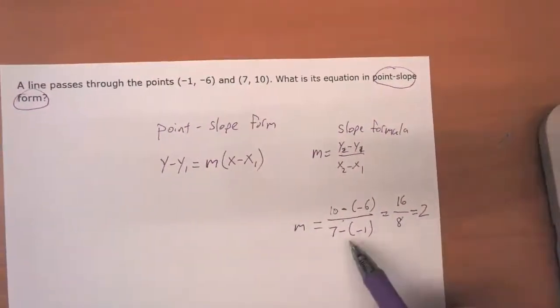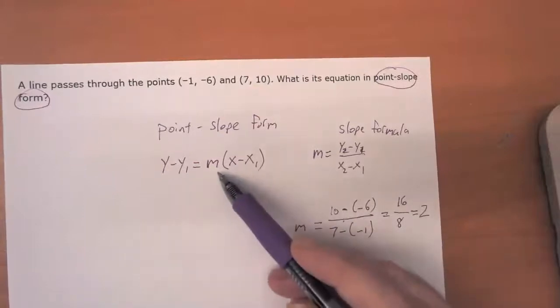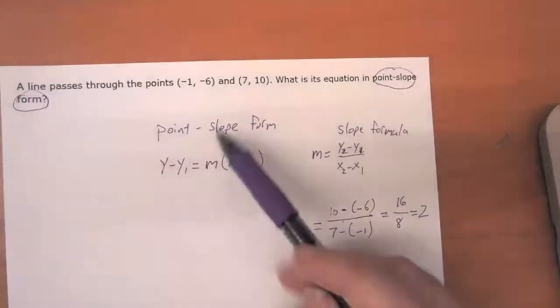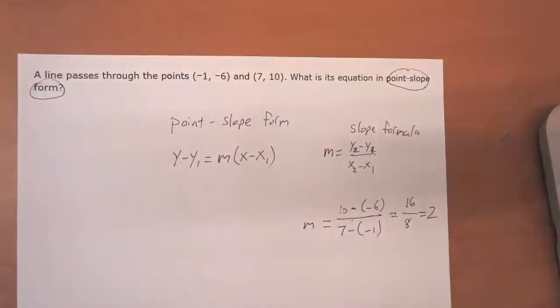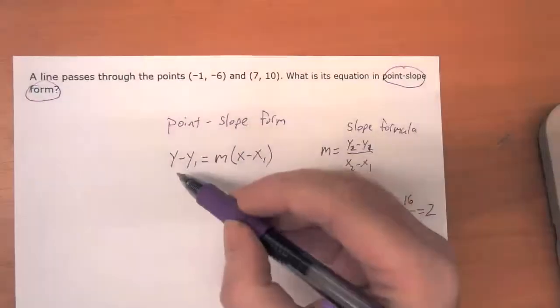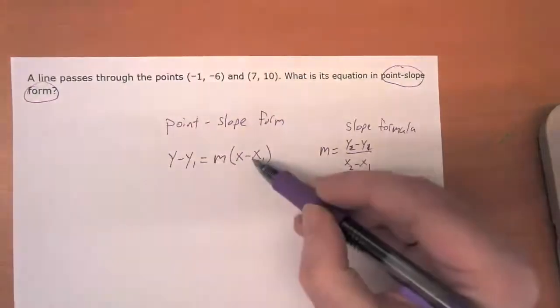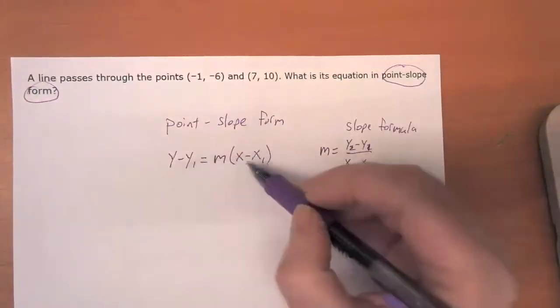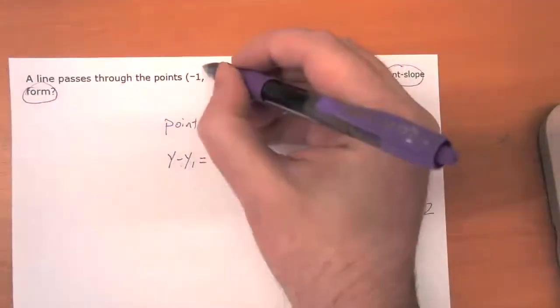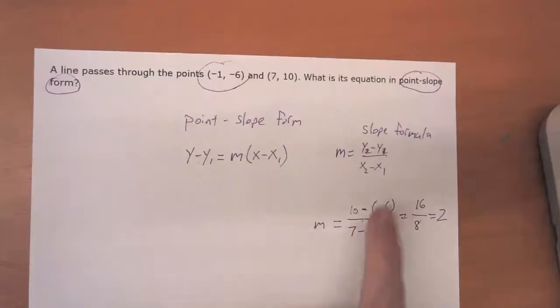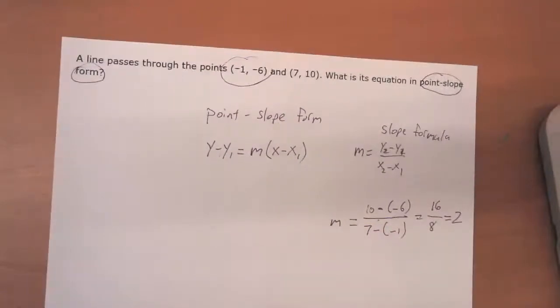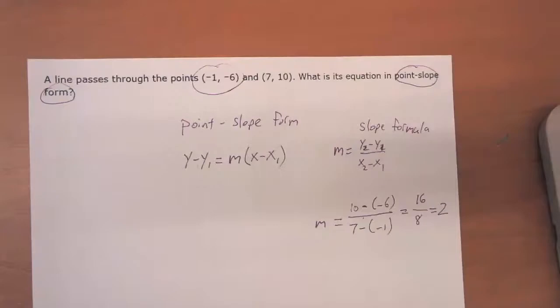So now that we know the slope, we can substitute it into point-slope form, and we can substitute either one of these points in. But there's one thing you've got to be really careful of when you use point-slope form, and that's these negative signs here. So how does that affect when we use point-slope form with a point like this? Well, once again, just like we saw down here, the 2 negatives should cancel each other out.